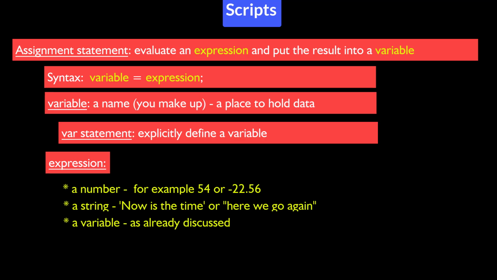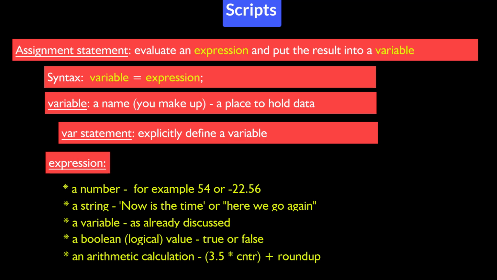An expression can be a Boolean, a logical value, true or false. An expression can be an arithmetic calculation combining numbers and/or variable values using plus, minus, asterisk for multiply, and slash for divide. For example, 3.5 times CNTR plus roundup. The value is obtained by doing the arithmetic.